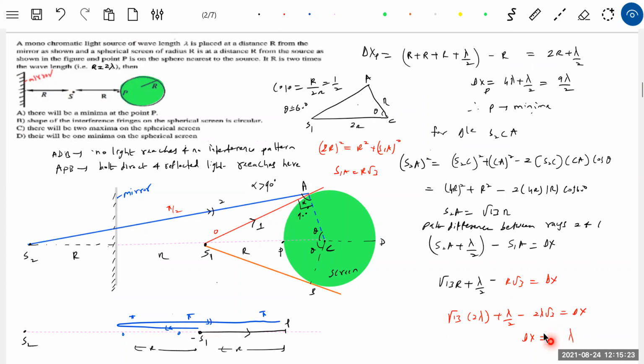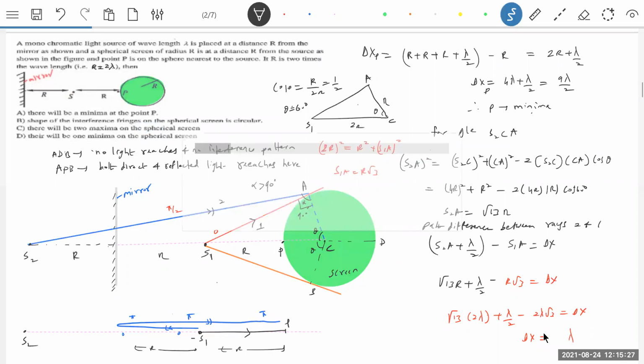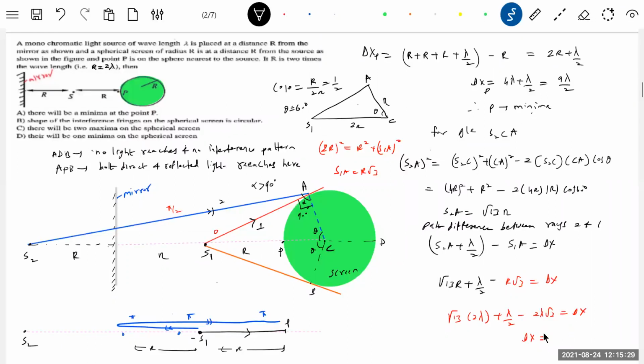I need this value. 4.24, huh? Okay, yeah.